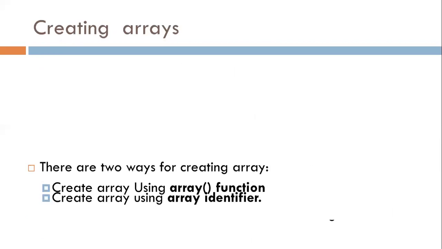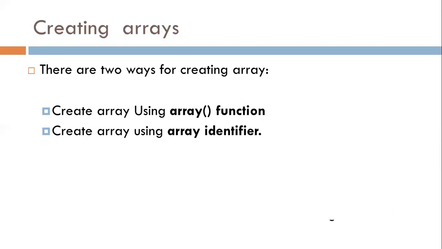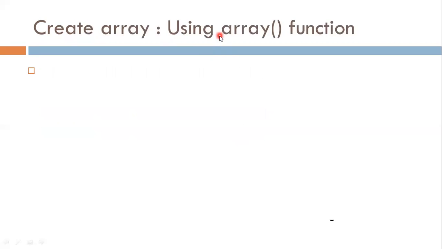Now, creating array. In PHP, there are two ways for creating array. First one is using array function, and second one is using array identifier. Now, start with creation of array using array function.